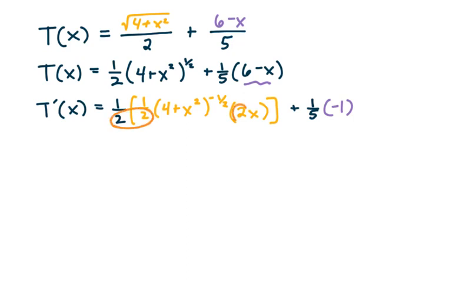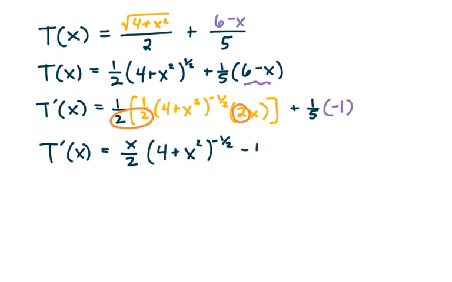So moving along as I look to tidy this up, I've got 1/2 and a 1/2 and a 2. And that x can go in the numerator. So what I'm going to say here is t prime of x. The 1/2 times 1/2 is 1/4 with a 2 in the top. I end up with x over 2, (4 plus x squared) to the negative 1/2 minus 1/5.